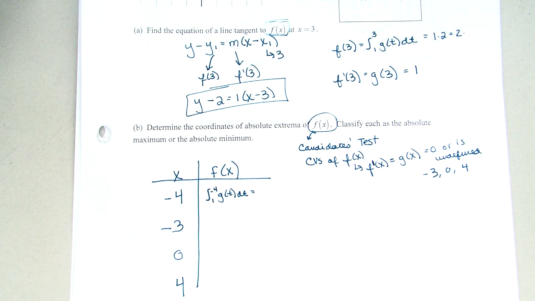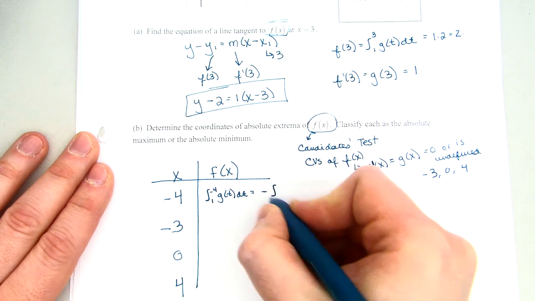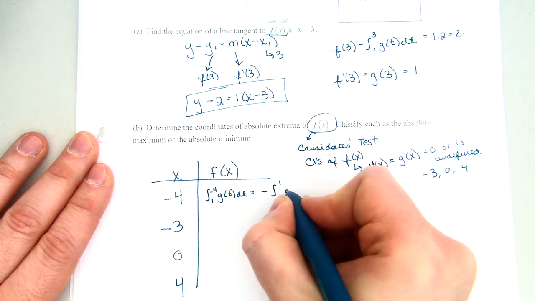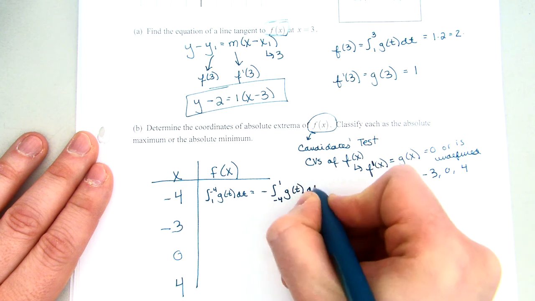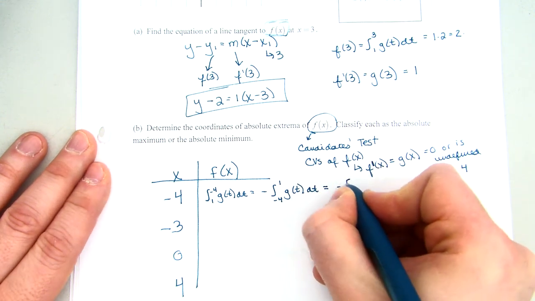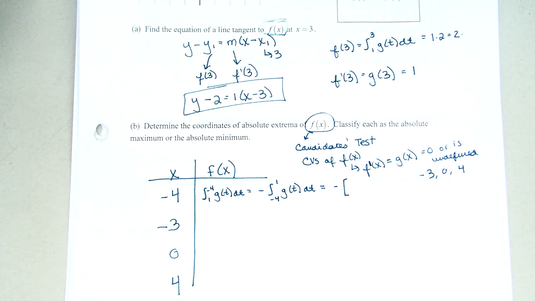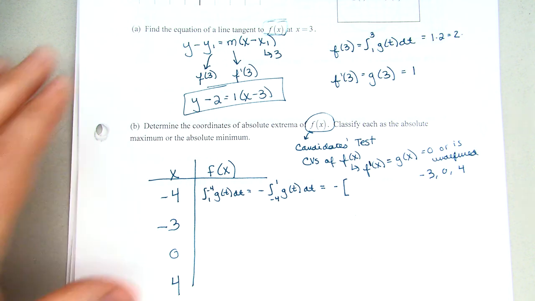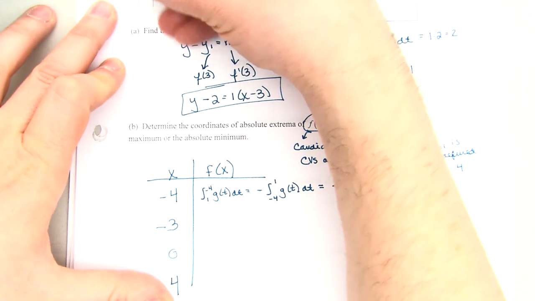And of course, you're not really going to do this. What are you really going to do? Maybe we'll do this one, and then you'll finish. Okay, let's go. Negative 4 to 1. This first piece.